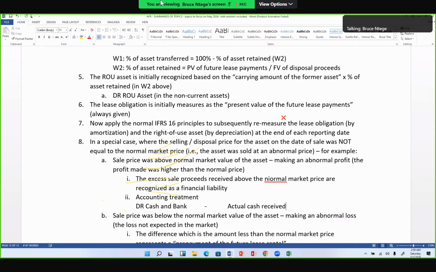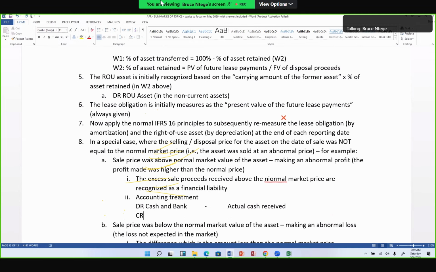But while I do that, I'll credit the disposal of the asset account with the normal fair value, the normal market price, as if I've sold the asset at the normal market price. But the reality is that I've not sold the asset at the normal market price.